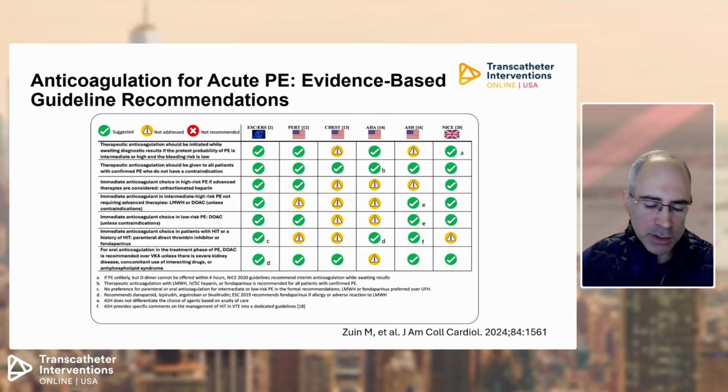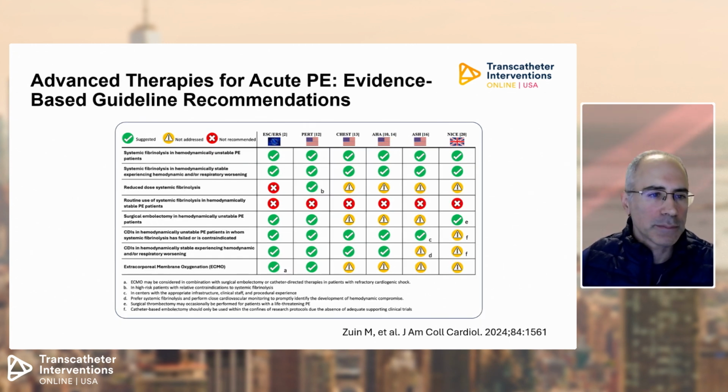If you diagnose objectively the PE, anticoagulation has to be the cornerstone of therapy unless there's a contraindication. And up until the AHA-ACC guidelines of 2026, there was a lot of heterogeneity on what to do with low molecular weight heparin, but I think the guidelines really help to clear that up.